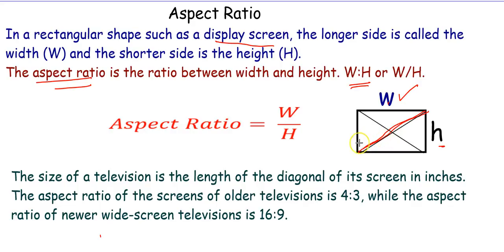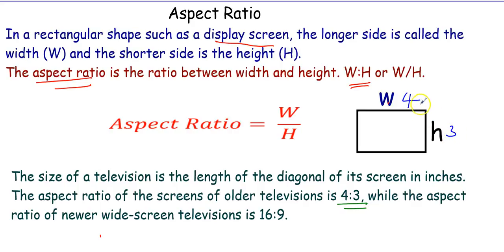Sometimes you talk about laptops, you have a 15-inch laptop or 17 inches, that is nothing but the length of its diagonal. So in olden days, televisions were manufactured with an aspect ratio of 4:3. That is, for example, if the width of the screen is 4, its height is going to be 3.